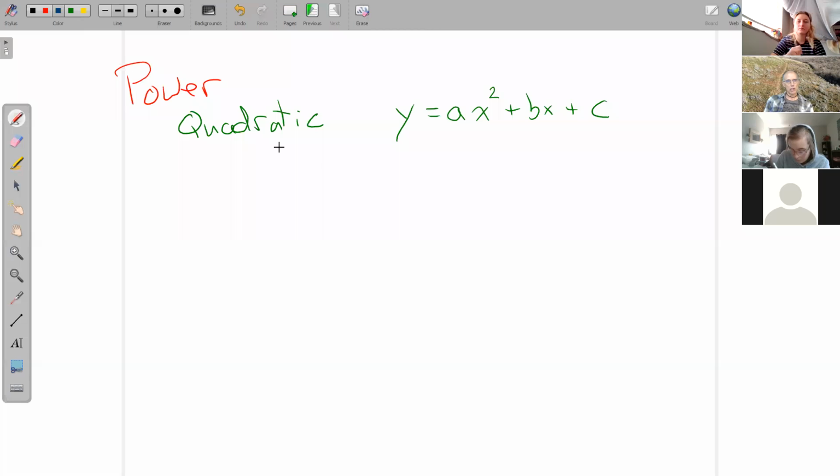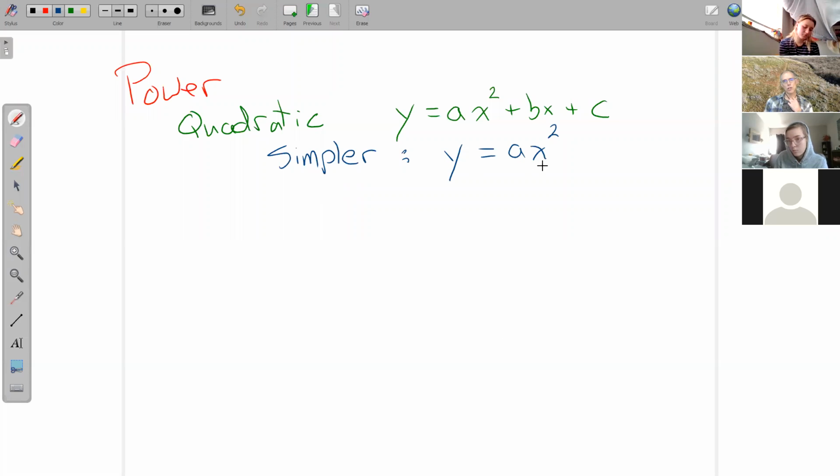And we actually looked at a simpler version, which was usually just y equals some number times x squared. Once in a while, we had an extra piece there, but mostly we looked at this right here.